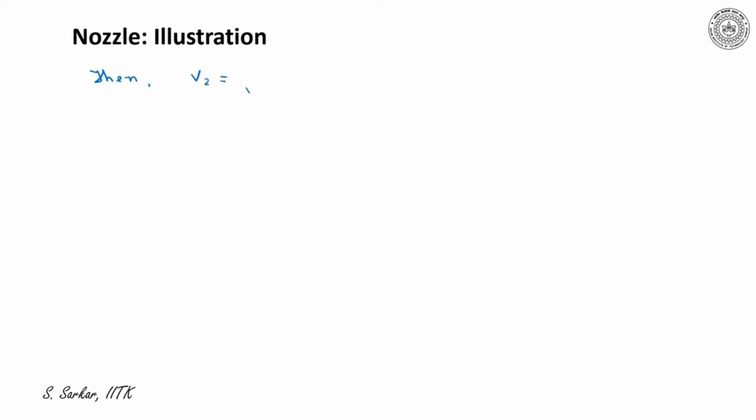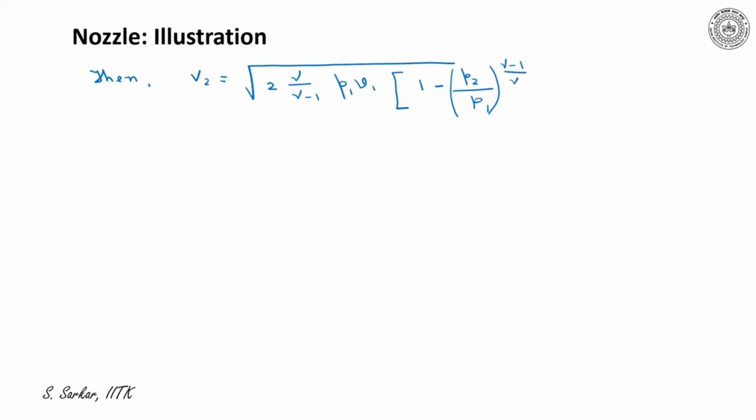V2 can be written as root over twice gamma by gamma minus 1 into P1 V1 into 1 minus P2 by P1 to the power gamma minus 1 by gamma, into eta n, nozzle efficiency.